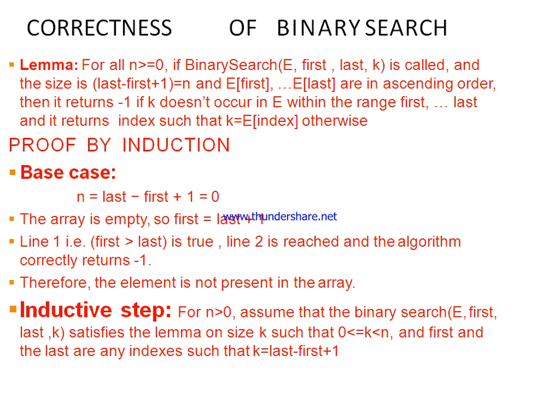Inductive step: for n greater than 0, assume that binary search satisfies the lemma on sizes k such that 0 is less than or equal to k, less than n, with first and last being any indexes such that k equals last minus first plus 1.